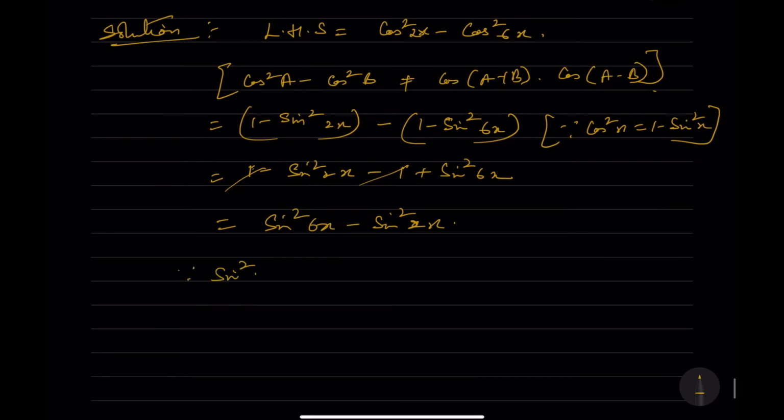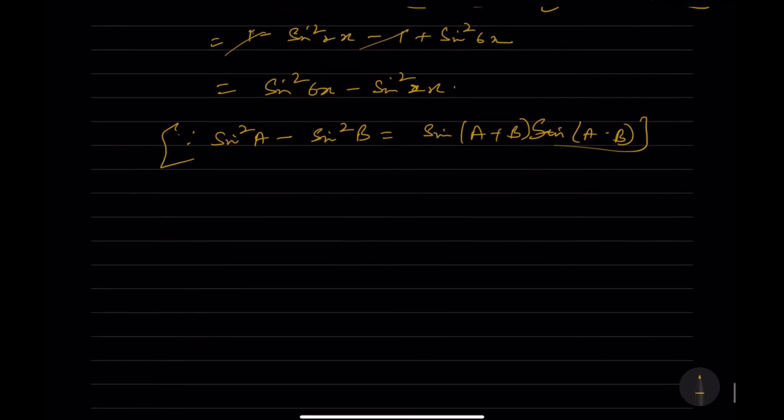Now you know there is a formula: sin square a minus sin square b is equal to sin(a plus b) into sin(a minus b). So this is the formula we can use.